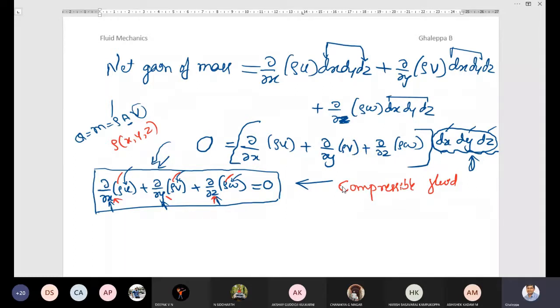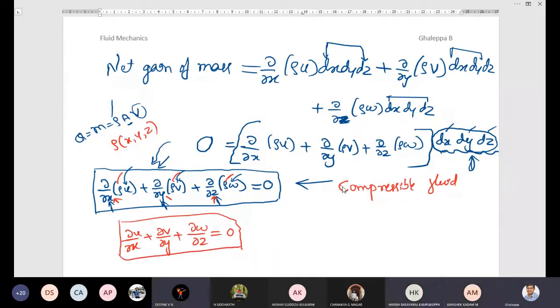If I write the equation this way, what will you call it? Dou u by dou x plus dou v by dou y plus dou w by dou z is equal to 0. What have I done in this step? We have assumed that rho is constant.